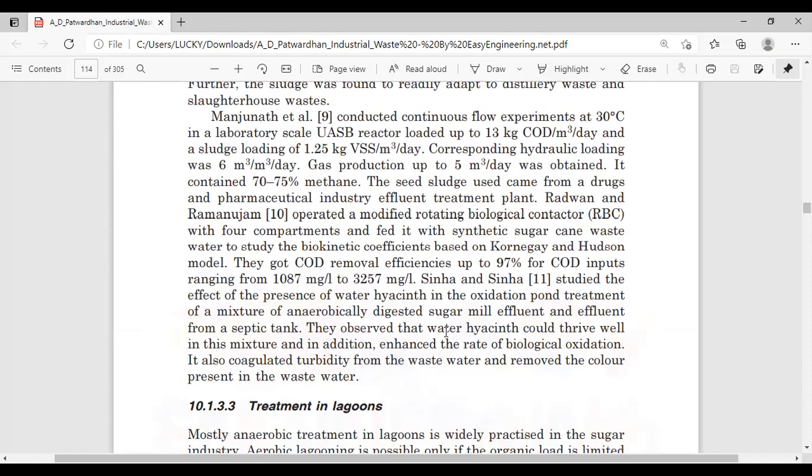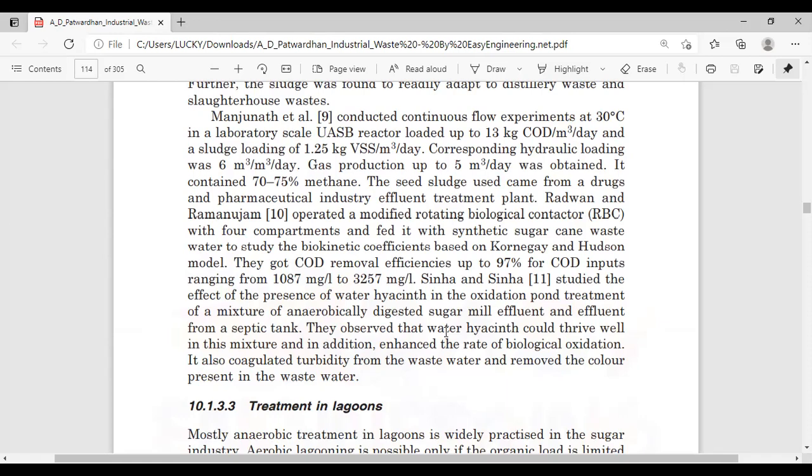Radhakrishnan and Ramanujam operated a modified rotating biological contactor, RBC, with four compartments and fed it with synthetic sugar cane wastewater to study the biokinetic coefficients based on the Kornegay and Andrews model.